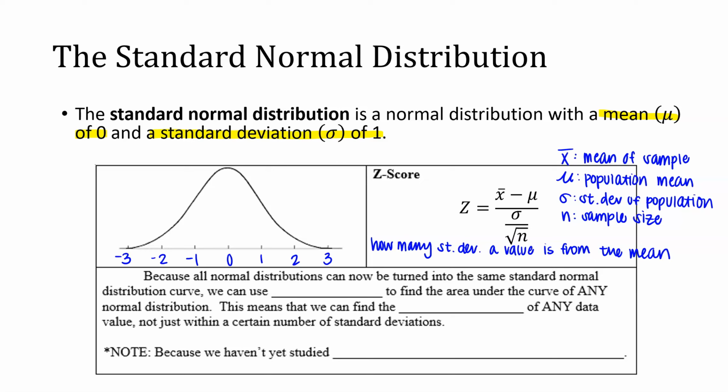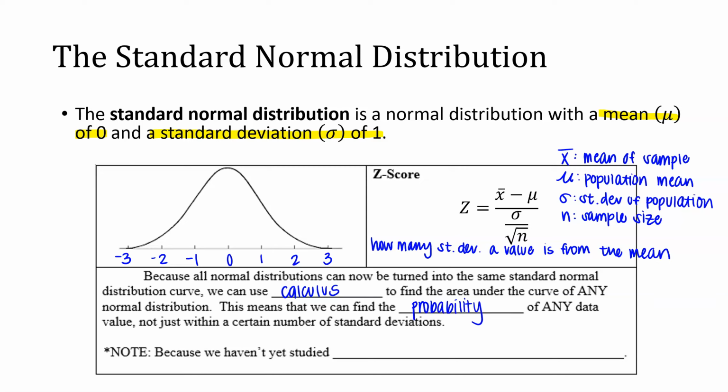Because all normal distributions can now be turned into the same standard normal distribution curve, we can use calculus to find the area under the curve of any normal distribution. This means that we can find the probability of any data value, not just within a certain number of standard deviations.